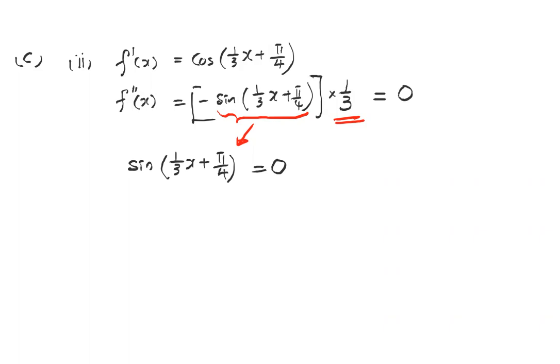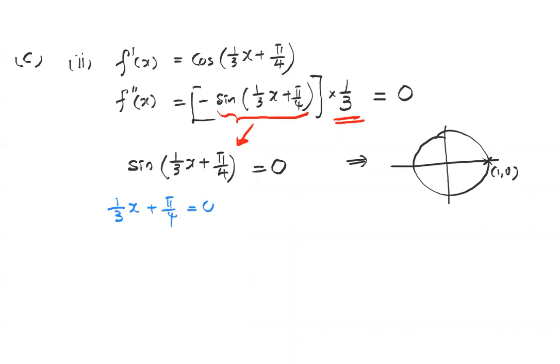So from here, we refer back to here again. Right? So I have my 1/3 x plus pi by 4 equal to 0.